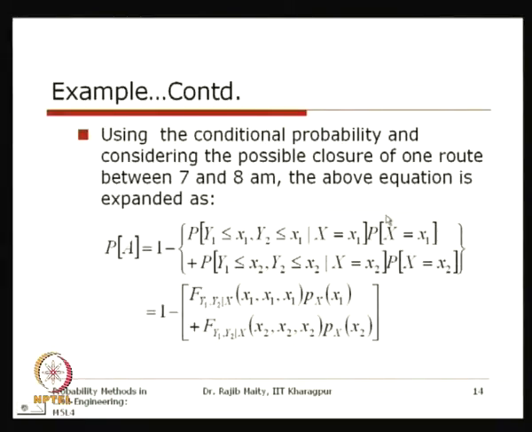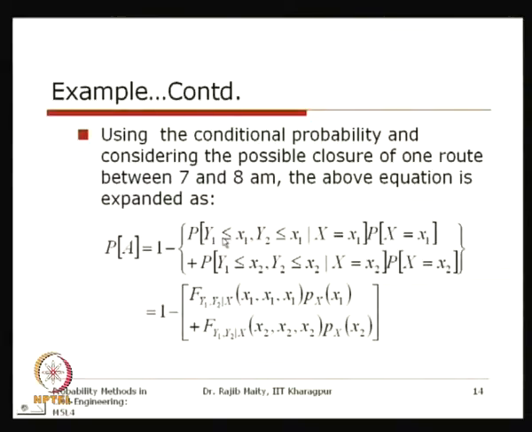How we are doing that is: the probability of y1, that is between 7 to 8, is less than x1, comma, probability of y2 less than x1, because we are assuming the supply is usual both times, on condition that x equals x1, which is multiplied by its marginal. So, this is the conditional multiplied by its marginal, that is, x equals x1.